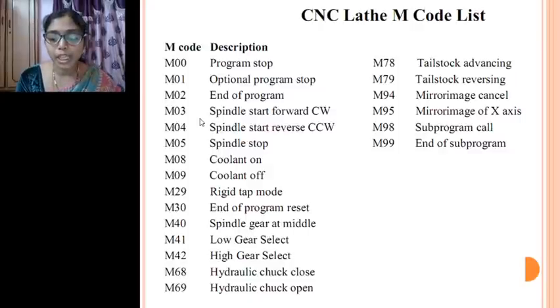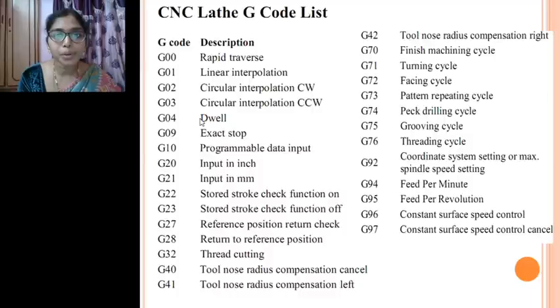So mostly when you write a program, we'll be writing in the form of G and M codes. That is what you have to remember. Not all the codes, most of them you will not be using as part of the first year workshop.